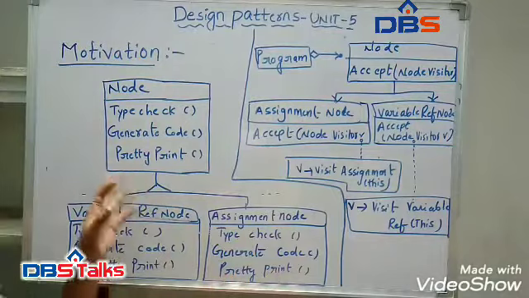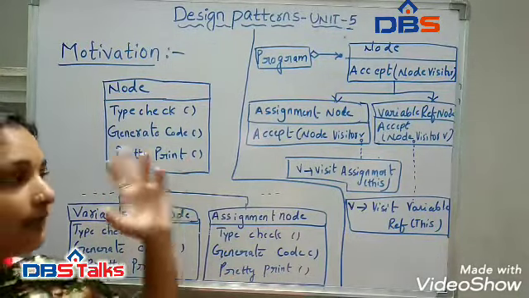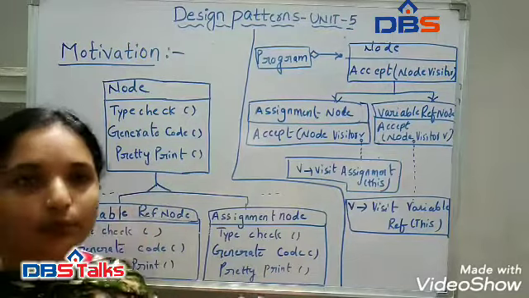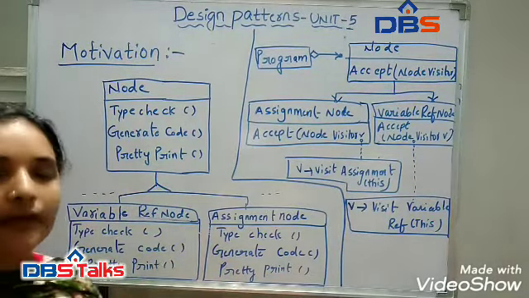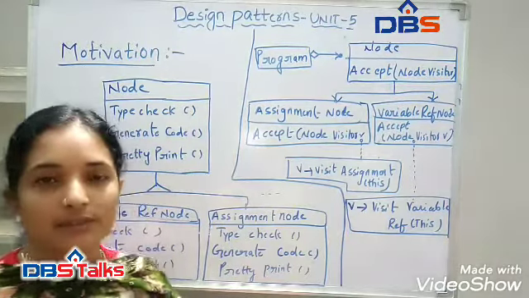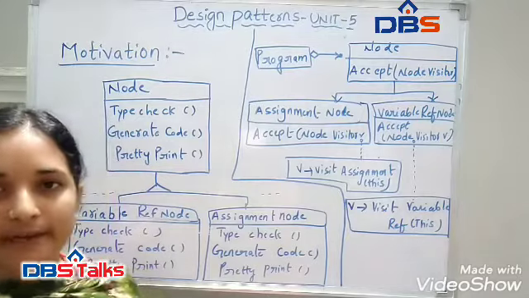Whatever operations are available in the node class hierarchy will be distributed to all the node classes, and that makes the system very difficult to understand, maintain and change. So we use the visitor design pattern here.